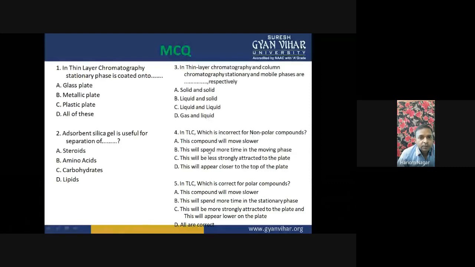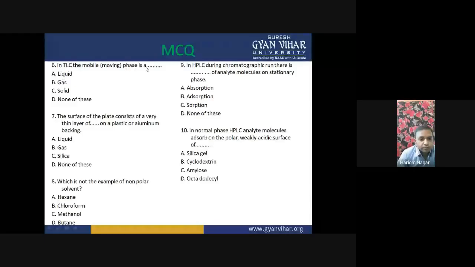Now the next question: in TLC, the mobile phase, the moving phase, is what? It is a liquid. And the surface of the plate consists of a very thin layer of silica on a plastic or aluminum backing.